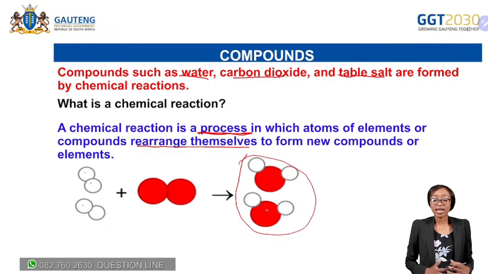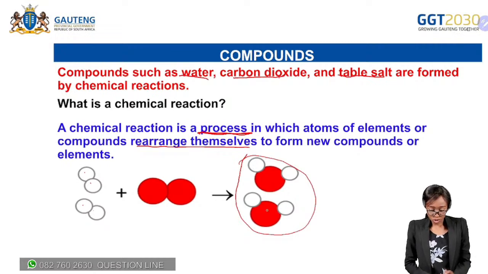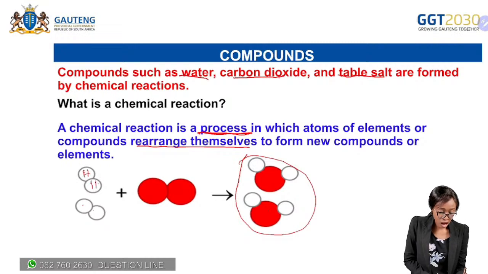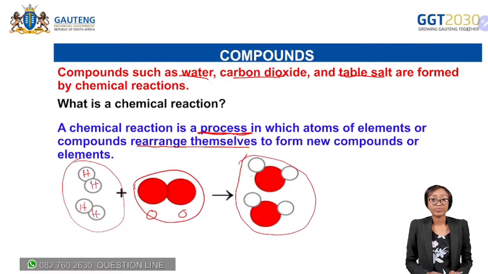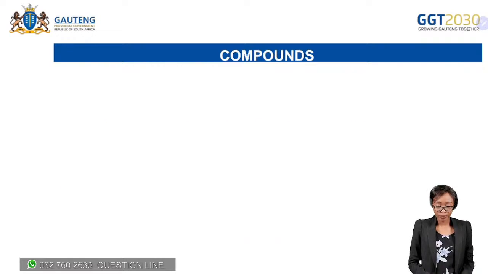There is a rearrangement of atoms of elements to form 2 new compounds. So let's say, for example, these atoms are hydrogen and this is oxygen. These hydrogen molecules react with this oxygen molecule to form water. Do you see what I mean?